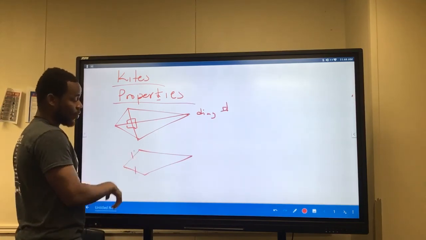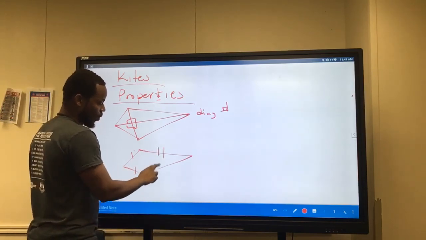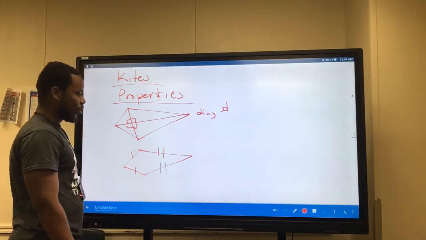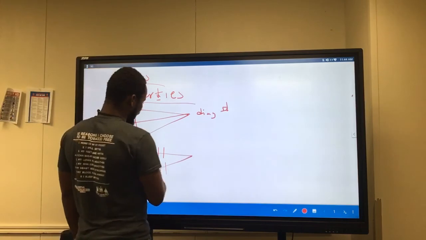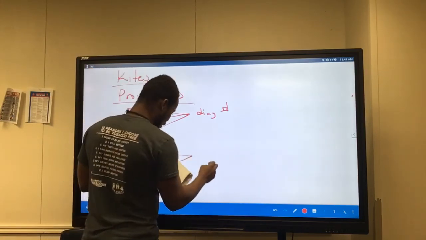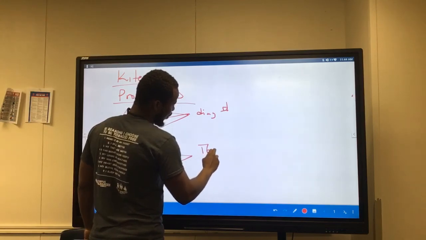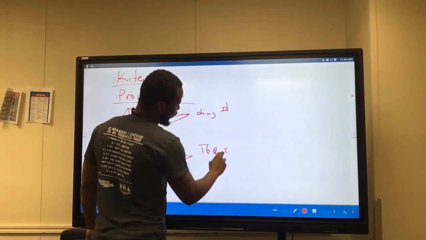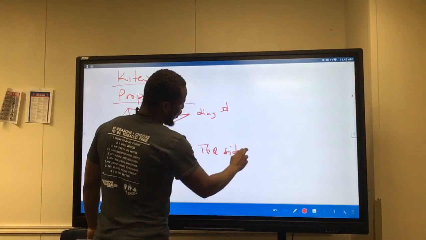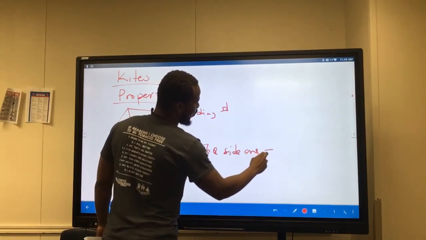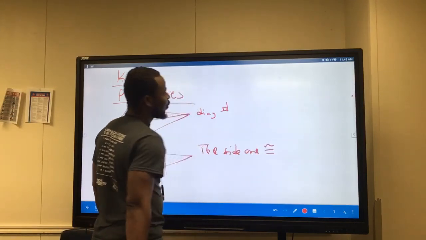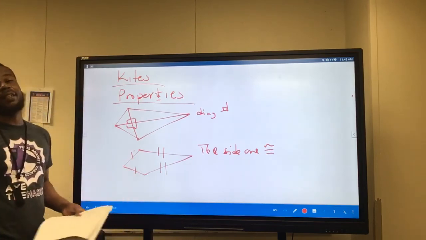I mean, they are the same. And this longer one is also the same as this one. So it means the lengths are congruent. Remember how we write congruent in school? That means they are the same.